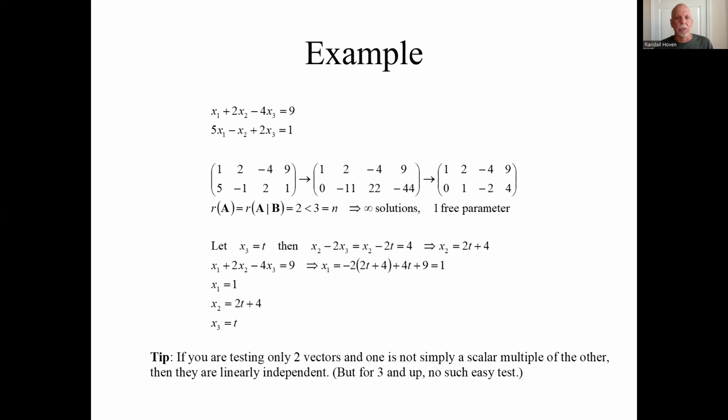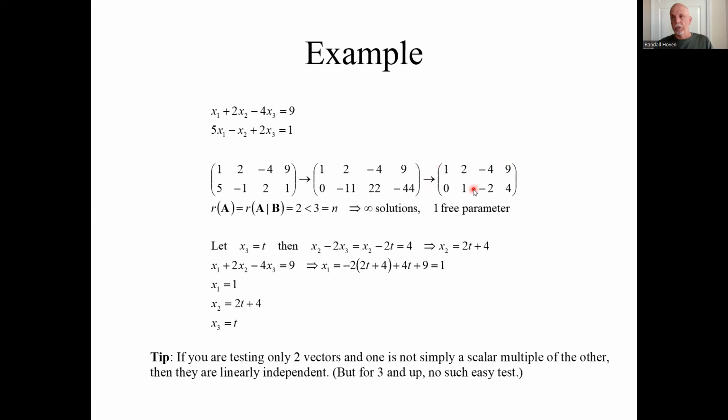Here's the first given system. This one's not homogeneous. We converted it. I didn't put the line in here, but after you do a few of these, you put that in your head. So I could do row operations, and here it is in row echelon form. The A part is these left 3 columns, has a rank of 2.